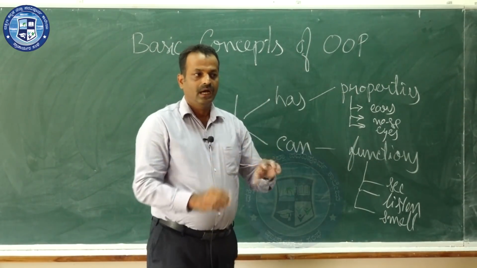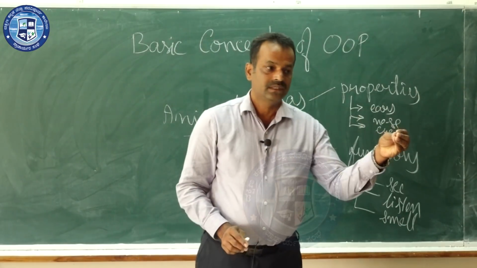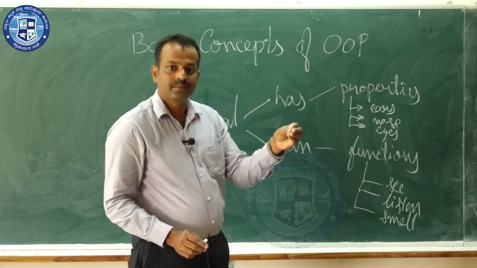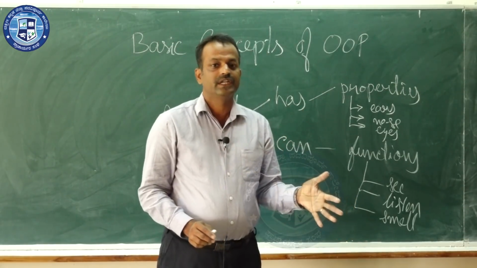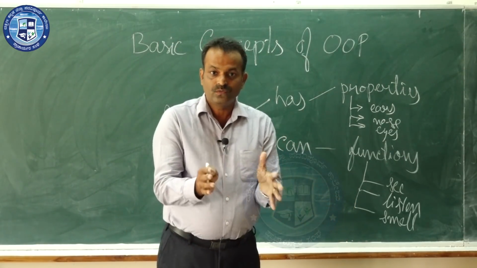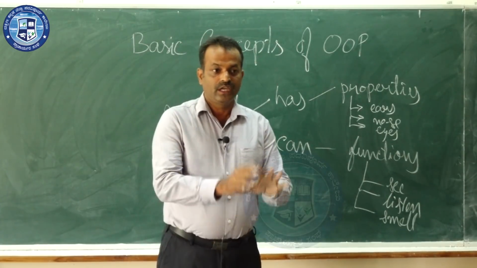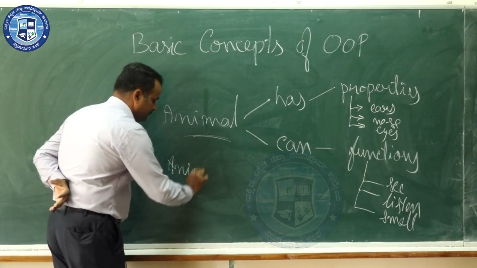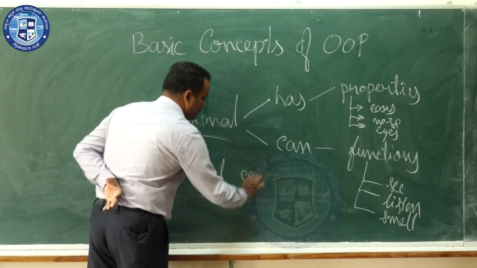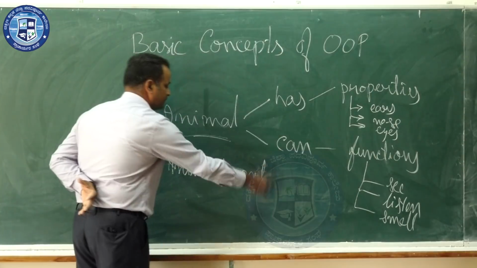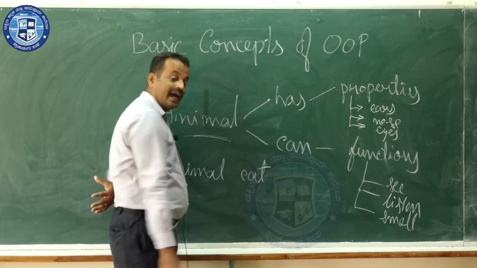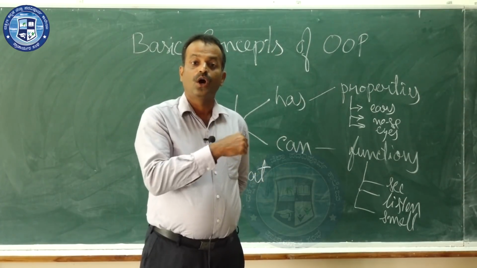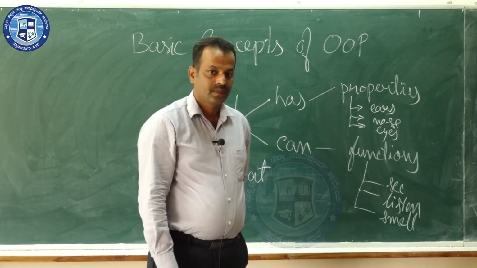But I cannot just say to the animal, you see, or tell the animal, you speak. No, it is not possible. I need to create the animal. So if I say animal cat, with this declaration I say that cat is an animal, or cat is of the type animal.